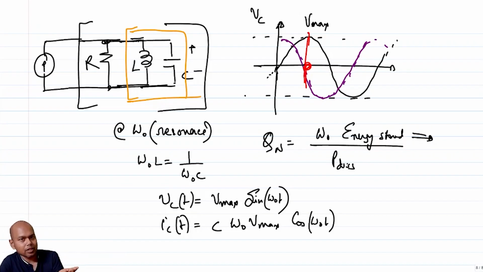And at resonance, since omega naught L is equal to 1 over omega naught C, if you add up the total energy at any point of time, you get a constant value. So I can define everything at any convenient point of time where my mathematics becomes easier, naturally where one of the currents or voltages becomes 0.